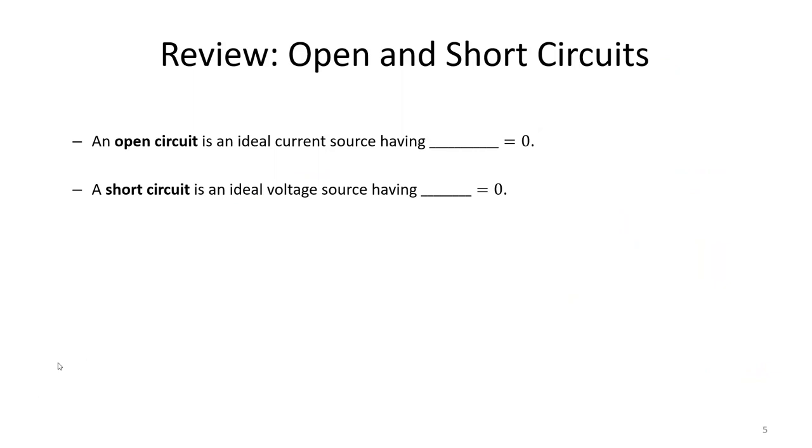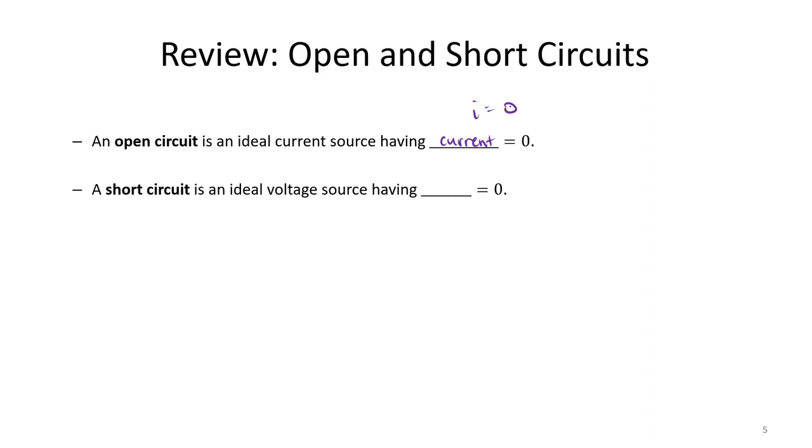One last review. Make sure you remember the differences between open and short circuits. Remember, an open circuit is basically like a broken wire or a dead end. We say that an open circuit has zero current, or I equals 0.